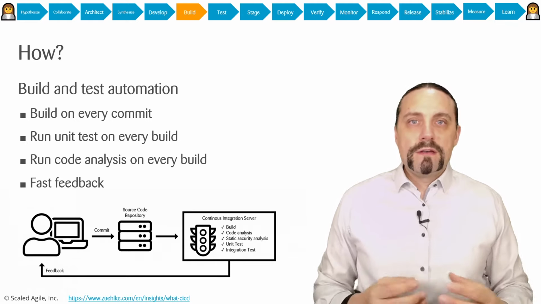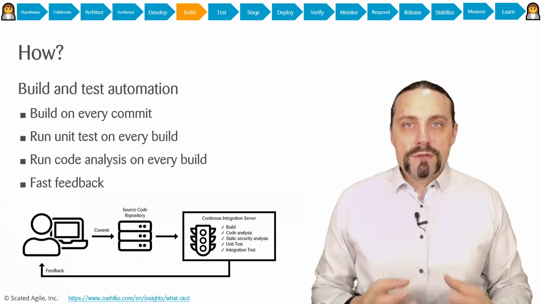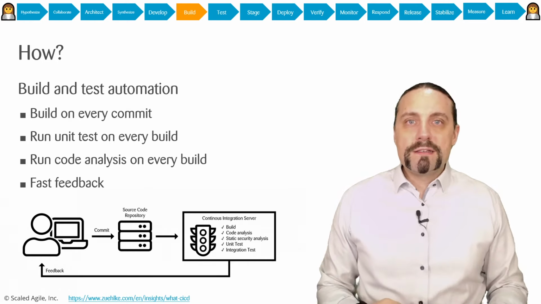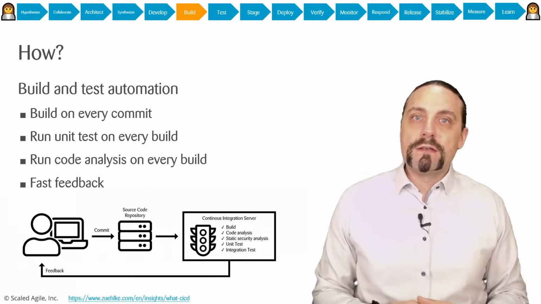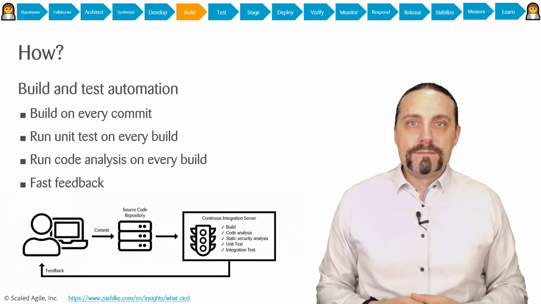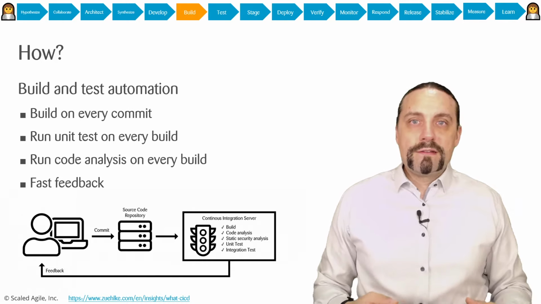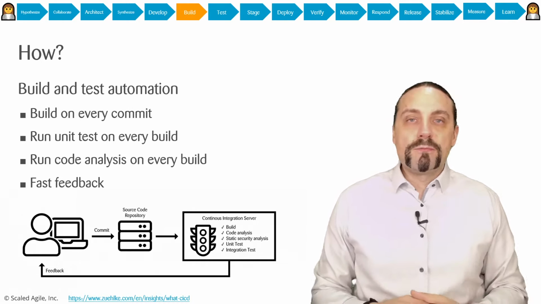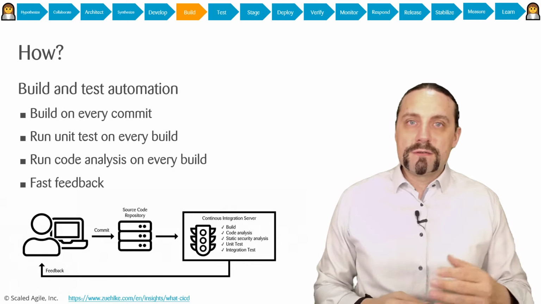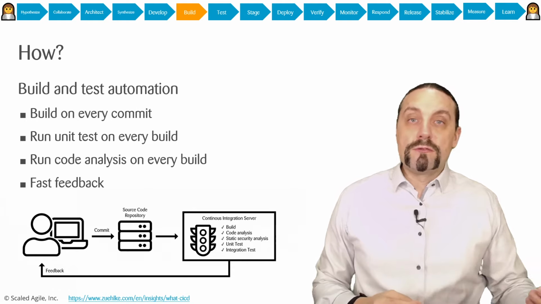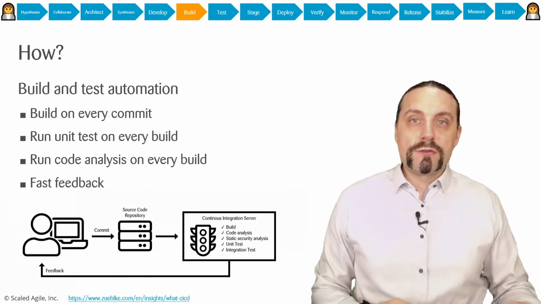After that, we need to execute the unit tests and then also the code analysis and the security code analysis, which is a static code analysis. After that, we need to get feedback to the developers as fast as possible so that they know if their committed code was okay or not okay.